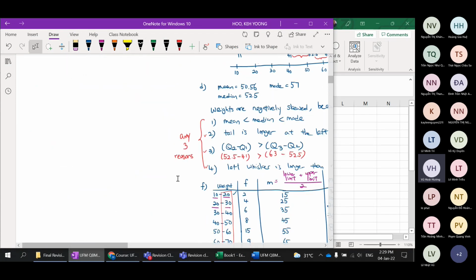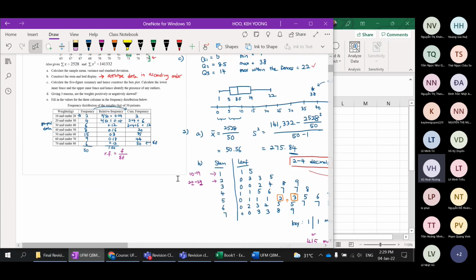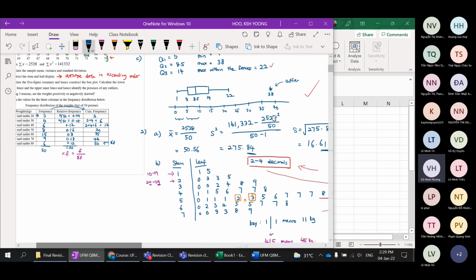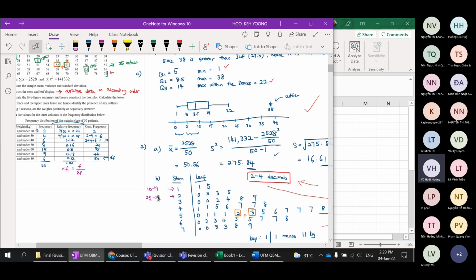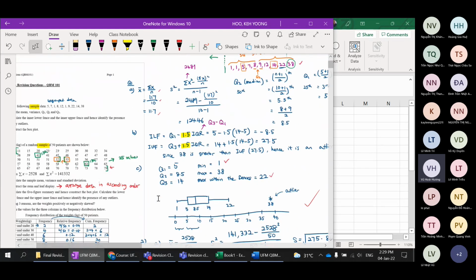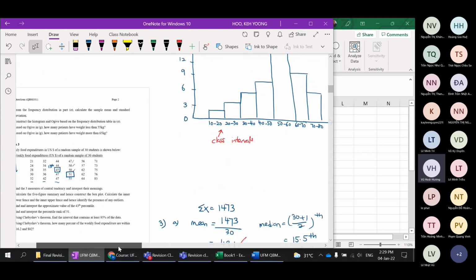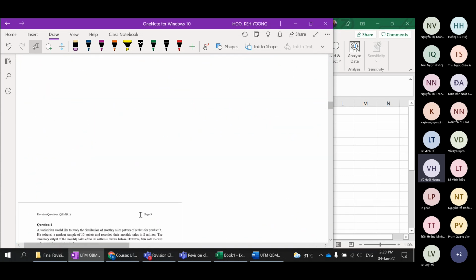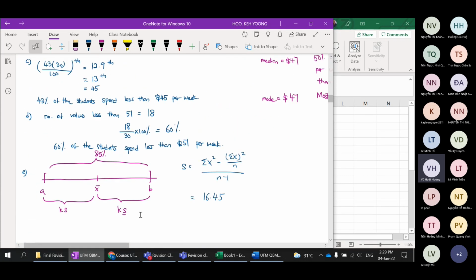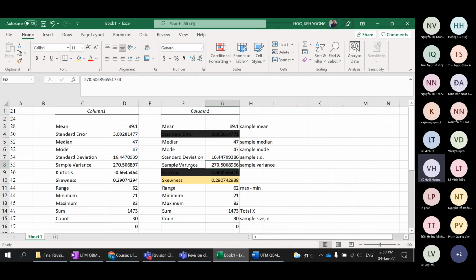Refer back to question 1 and 2 on how we get the standard deviations or the variance. This is a shortcut way only, without the workings. You can use this to double check your answers. Or if the question is asking for variance, then you take this 270.51.